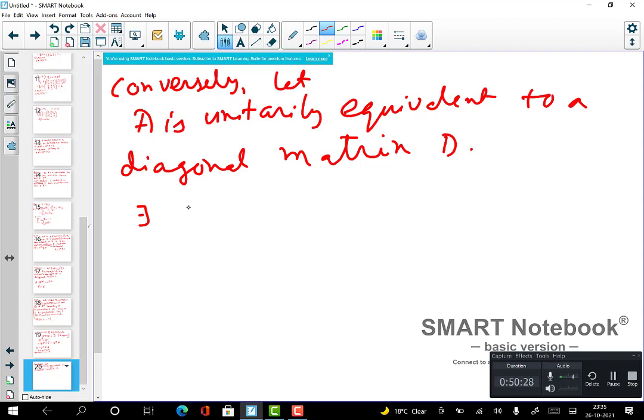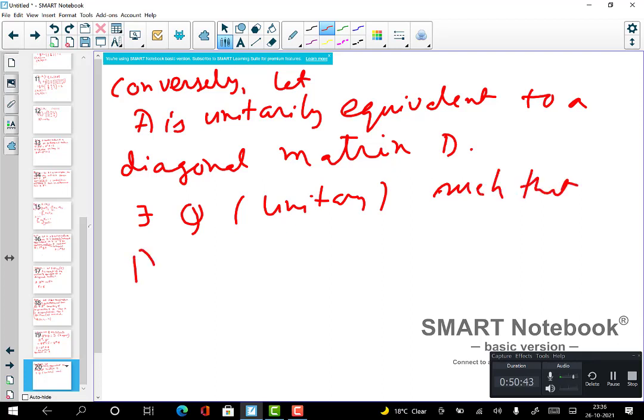That means there exists a Q, so Q is unitary, such that D is equal to Q star A Q, right?